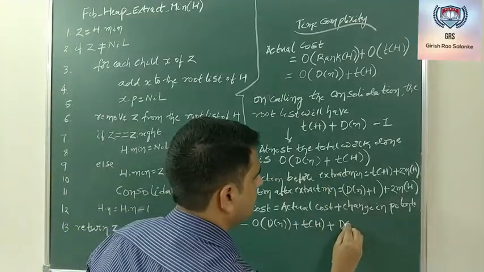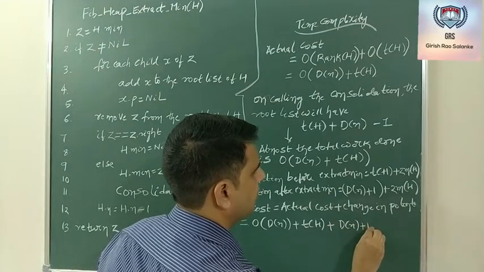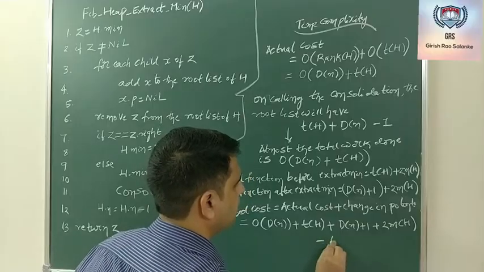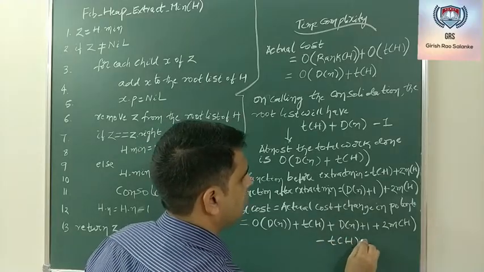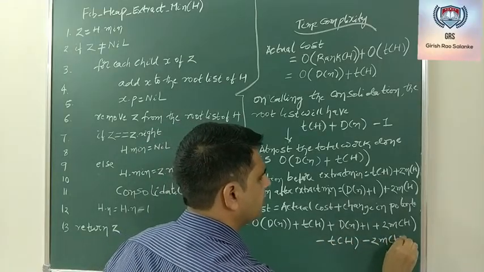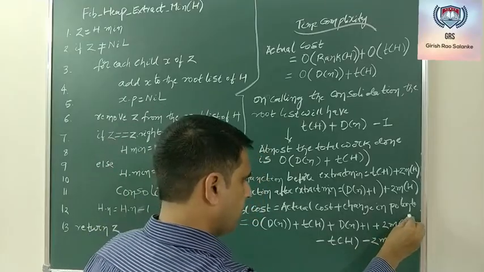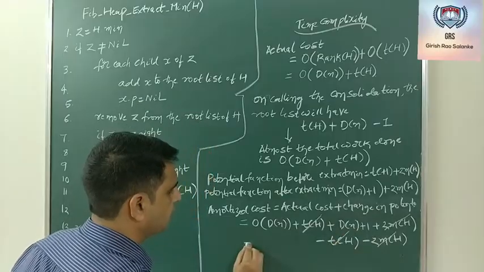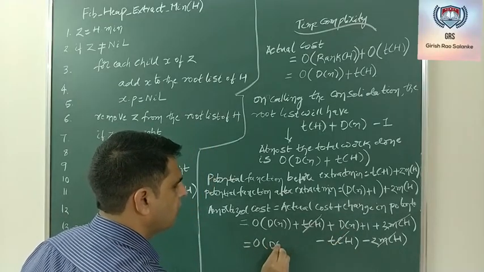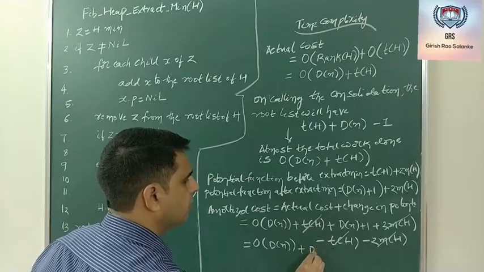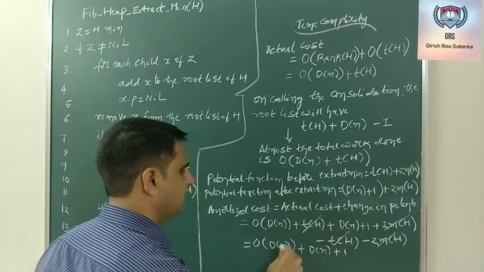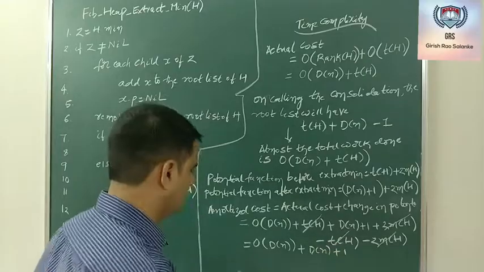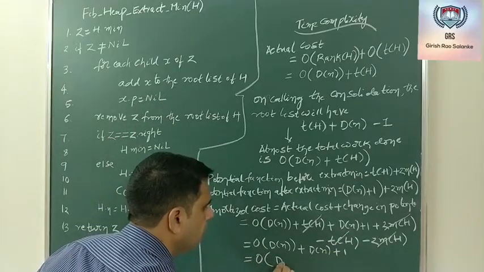So this is d of n plus 1 plus twice of m of h minus T of h minus 2 times m of h. So 2 m of h and 2 m of h get cancelled, T of h and T of h got cancelled. So this is order of d of n plus d of n plus 1, which is 2 d of n plus 1. So 1 is constant. This will be order of d of n.